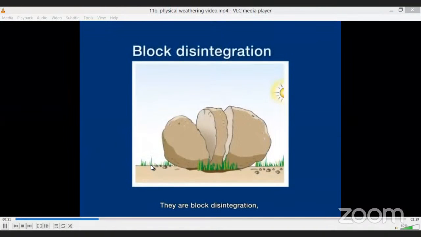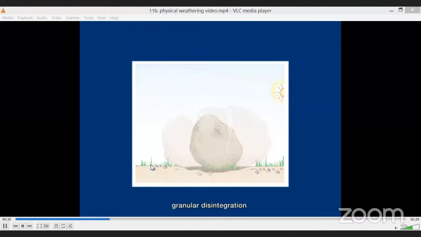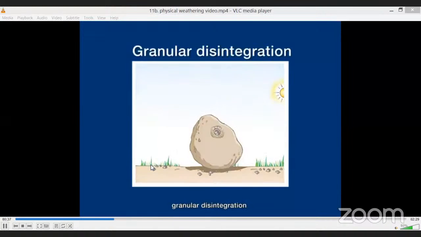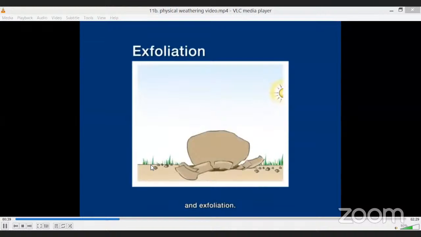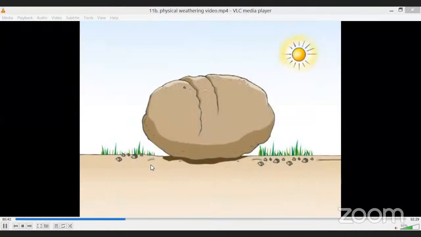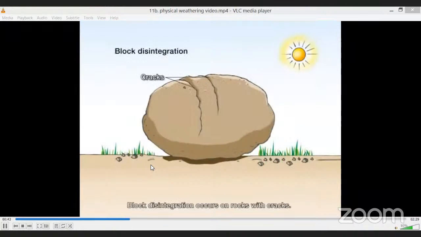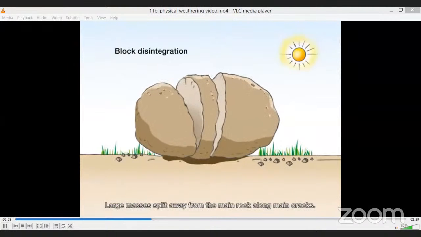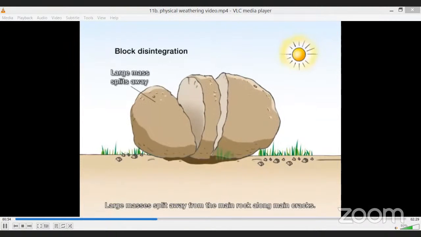They are block disintegration, granular disintegration, and exfoliation. Block disintegration occurs on rocks with cracks. Repeated expansion and contraction enlarge the cracks. Large masses split away from the main rock along main cracks.